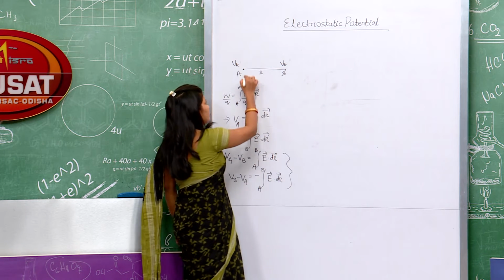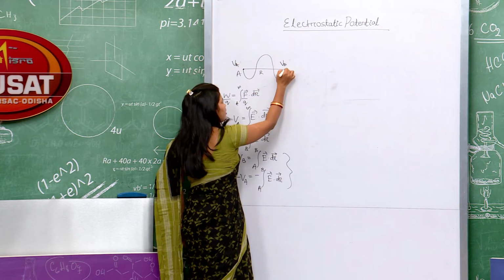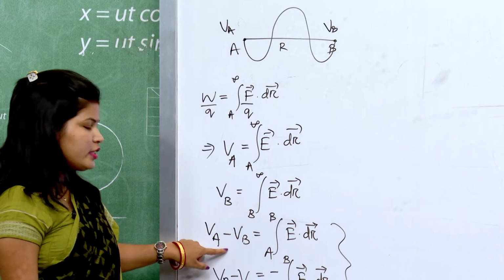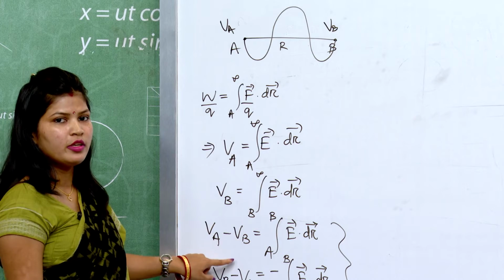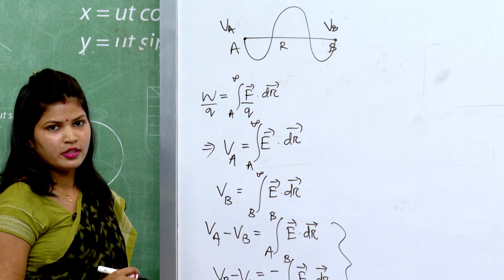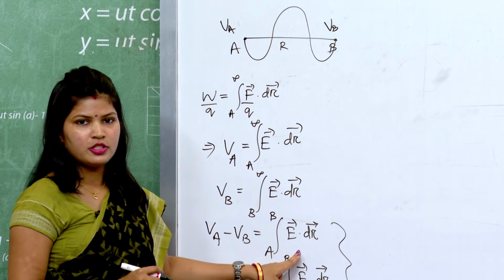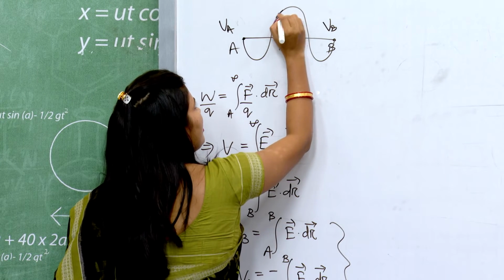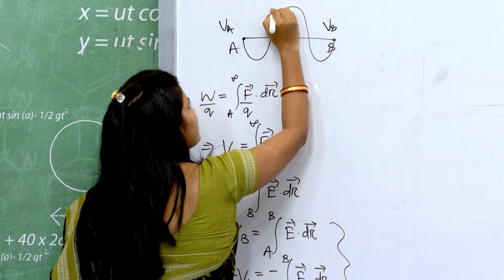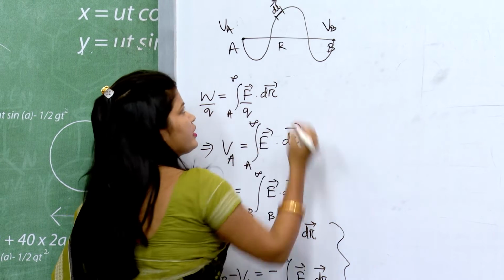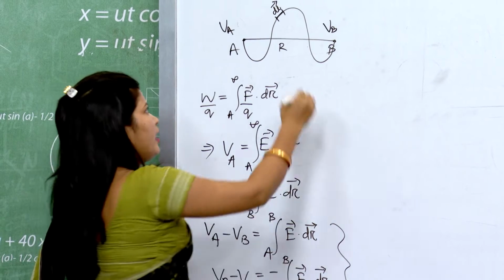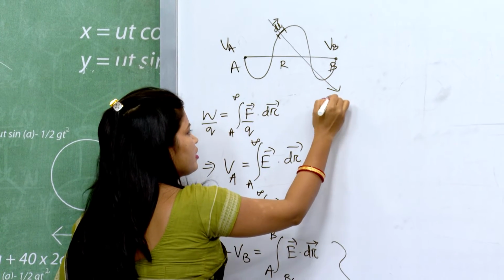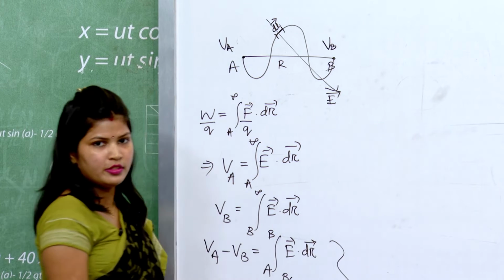Suppose I go in this way, then the potential difference VA minus VB is not going to change, it is the same as it is. So, I will take a small vector element dl, and the electric field is in this direction, E vector.